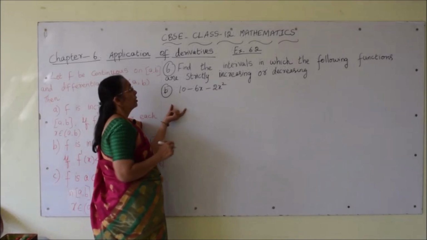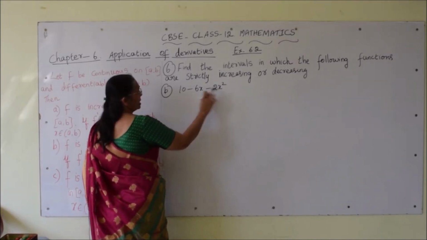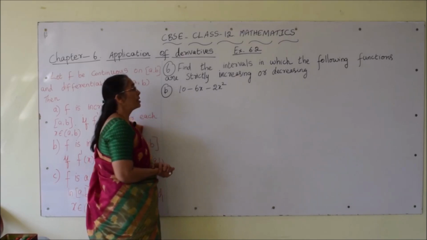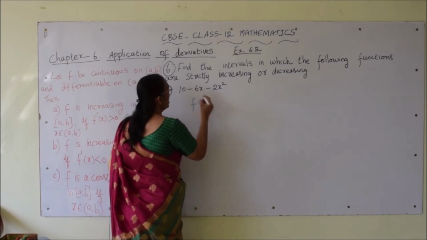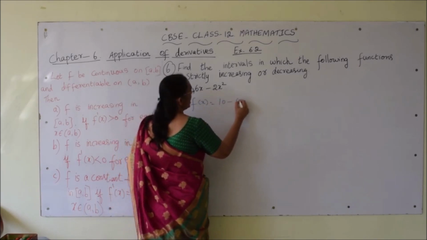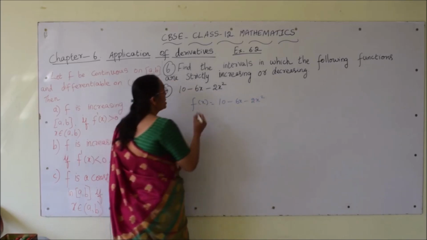Part b, we have to find the interval in which the given function 10 minus 6x minus 2x square is increasing or decreasing. Consider f of x as the given function 10 minus 6x minus 2x square. Now let us find the derivative.